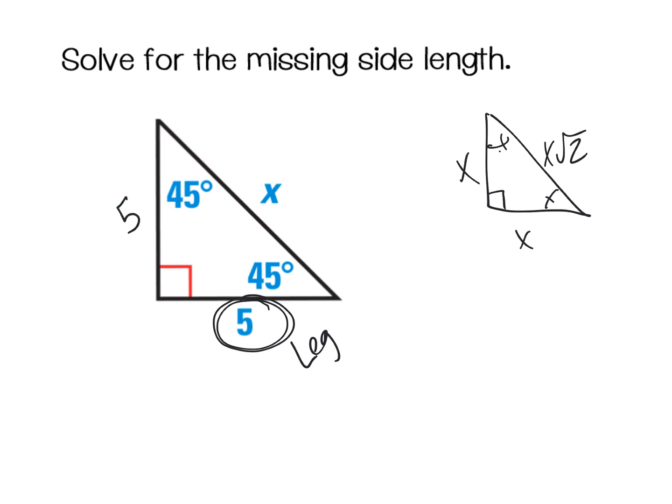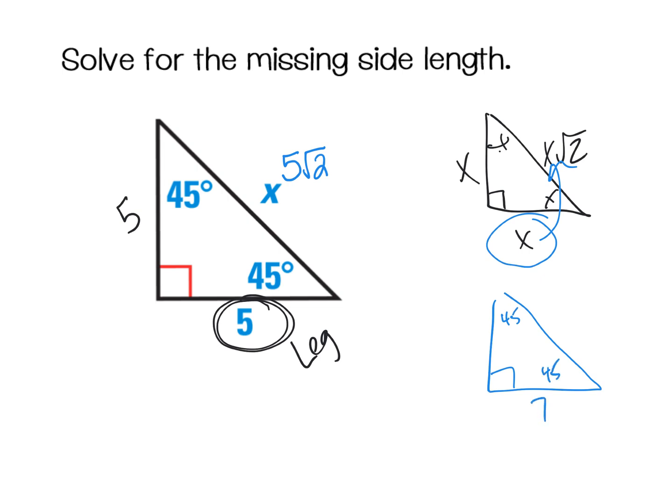To find the hypotenuse, according to my formula triangle over here, if I know the leg, I just need to multiply it by radical 2. So since my leg is 5, my hypotenuse is going to be 5 radical 2. If I had a triangle whose leg is, let's say, 7, both legs would have to be 7, and the hypotenuse would have to be 7 radical 2.